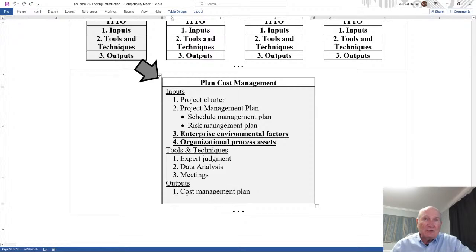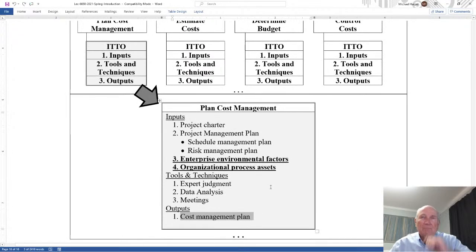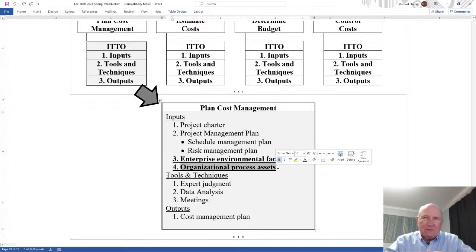Well, the output is just a cost management plan. But notice the inputs. You'll see this a lot in this course. Enterprise environmental factors, that's outside factors that are important to your project. Organizational process assets, that's internal resources that are important for your process. Now, the external, those can change.